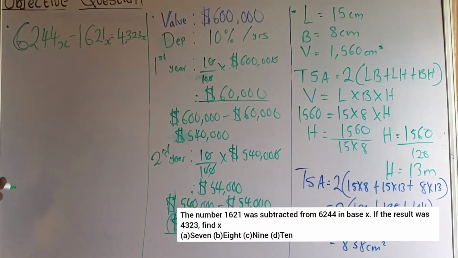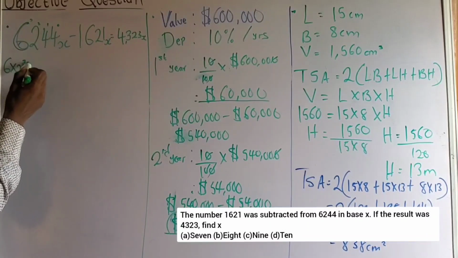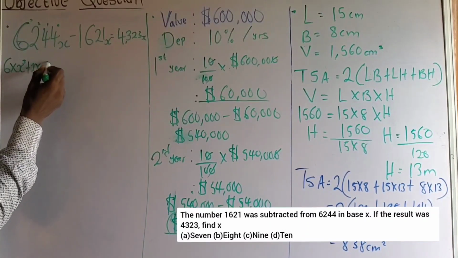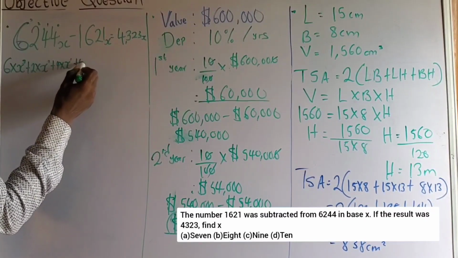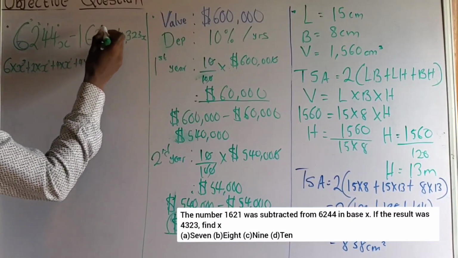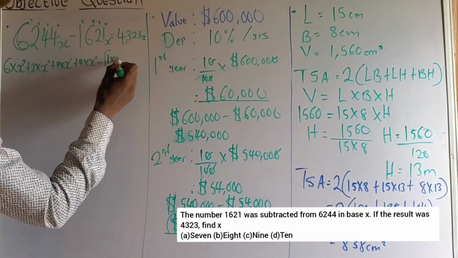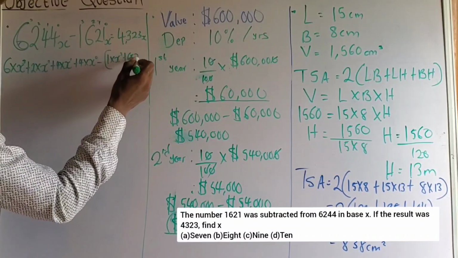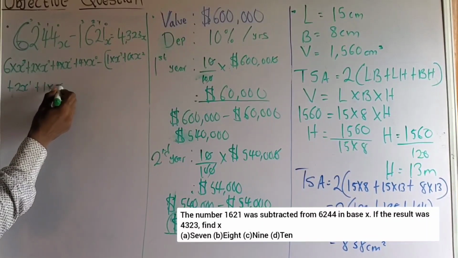So for this, I'm going to have 6 times x raised to the power of 3 plus 2 times x raised to the power of 2 plus 4 times x raised to the power of 1 plus 4 times x raised to the power of 0, minus, open the bracket, 1 times x raised to the power of 3 plus 6 times x raised to the power of 2 plus 2 times x raised to the power of 1 plus 1 times x raised to the power of 0.